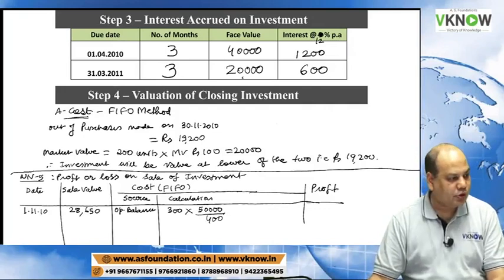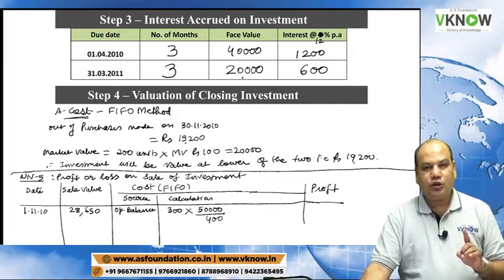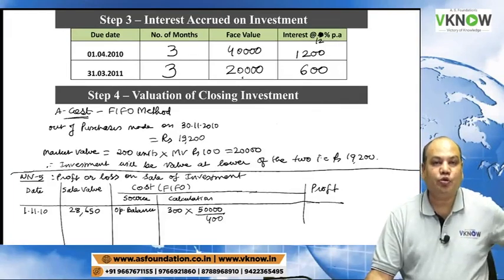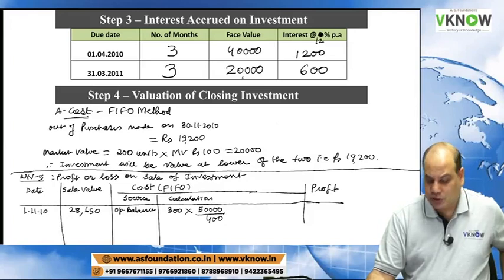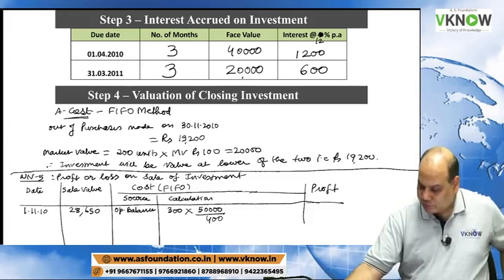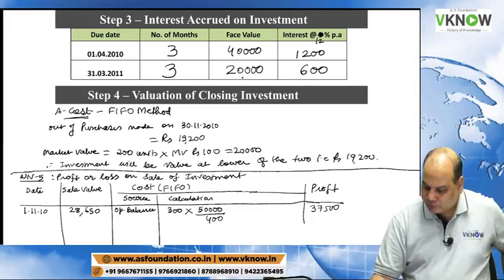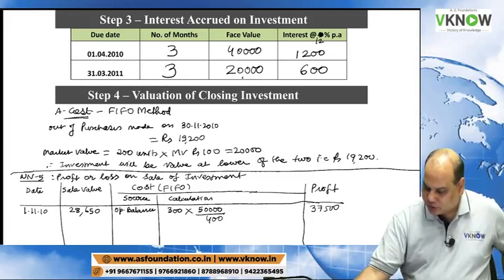So this is the proportionate cost. Total 400 units are there in the opening balance. We have sold only 300 out of it. So my cost will also be proportionate. That is 37,500.